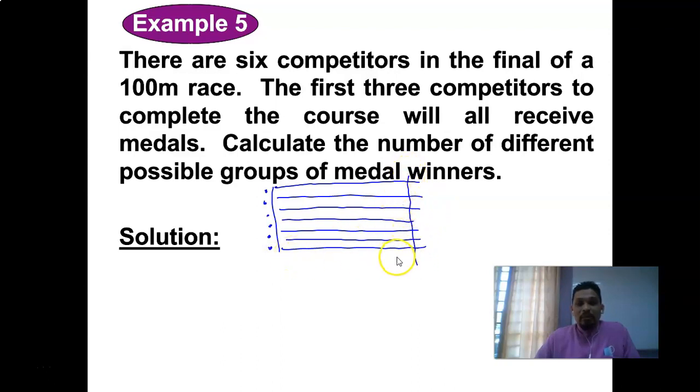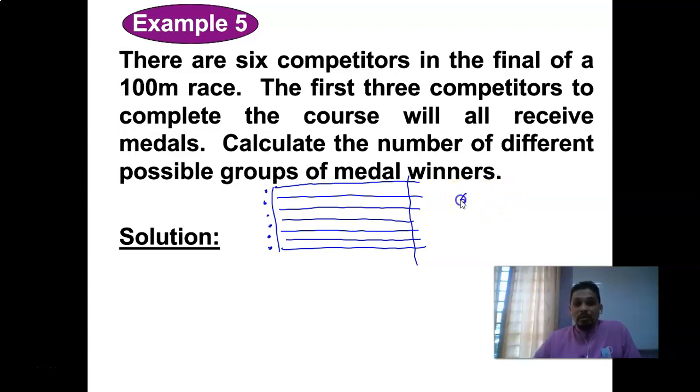The first 3 competitors who complete the course will all receive a medal. In this case, they did not mention first, second and third place winners for gold, silver and bronze. They just want the best 3 out of these 6.